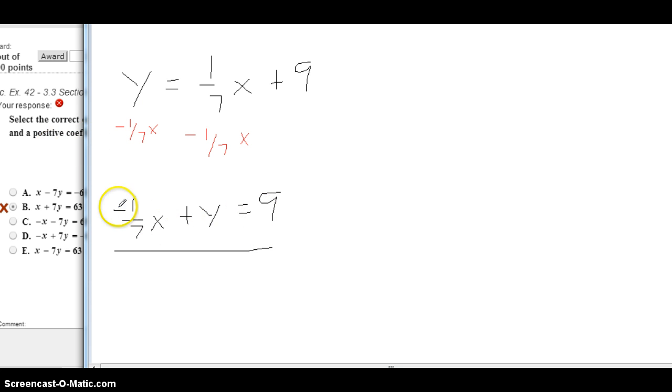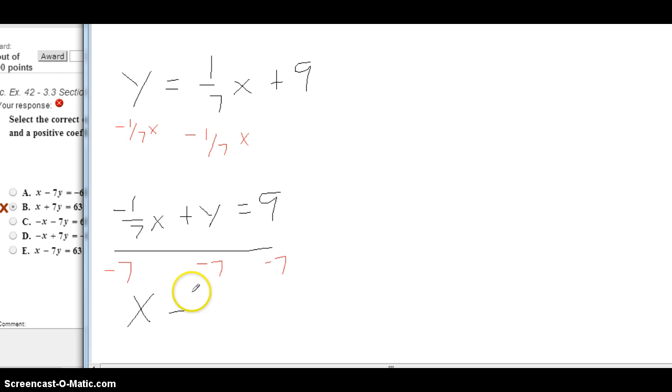Now, the answer says we need to have a positive coefficient for x and all integers, so we gotta get rid of this fraction, and we gotta get rid of the negative. If we multiply everything by a -7, the negative signs will cancel out here, and 1/7 times 7 will just give us 1x.